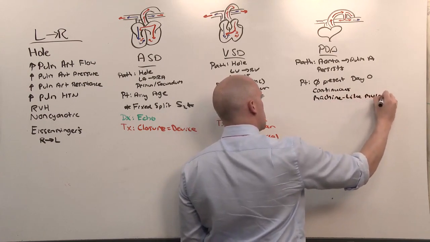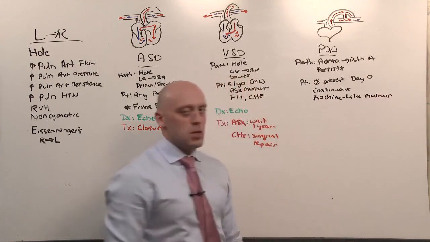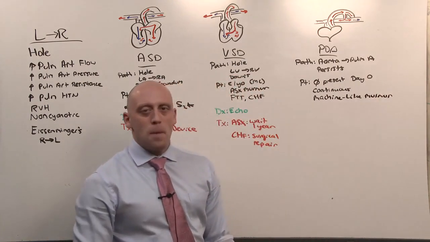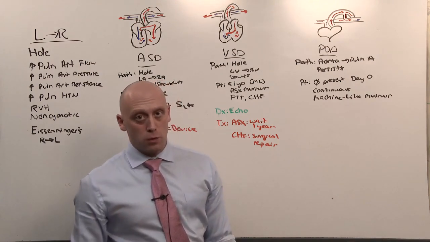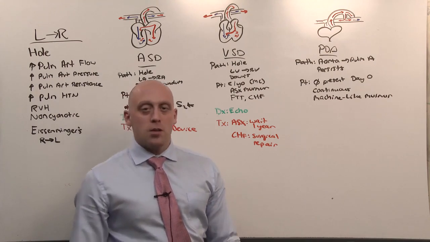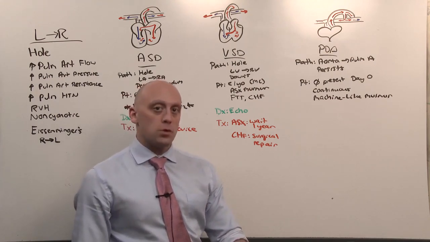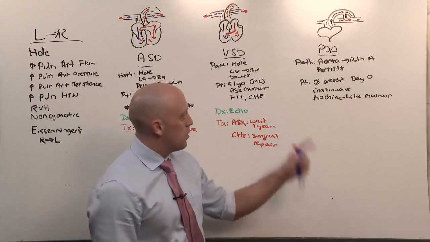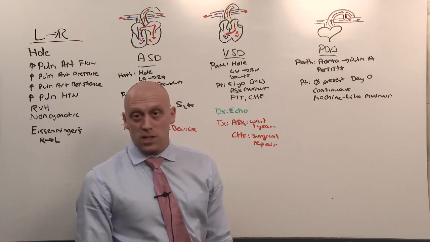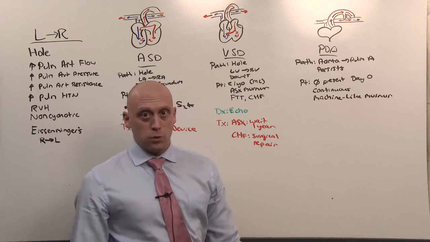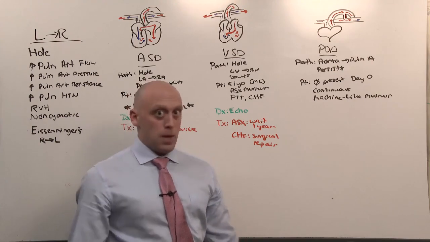Now, machine-like is too much of a buzz phrase, so they might actually give you multiphasic. If you hear multiphasic friction rub, you should think pericarditis. If you hear continuous multiphase murmur, think patent ductus. But this has to be in the newborn nursery because this thing is supposed to close in the first 24 hours. And if it doesn't, baby's going to notice.